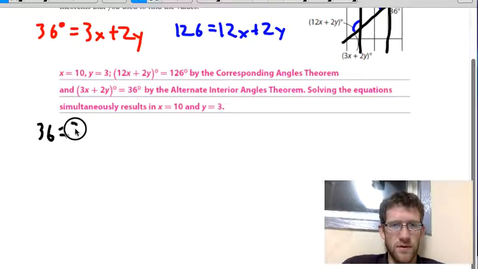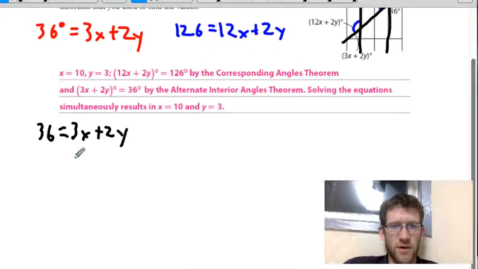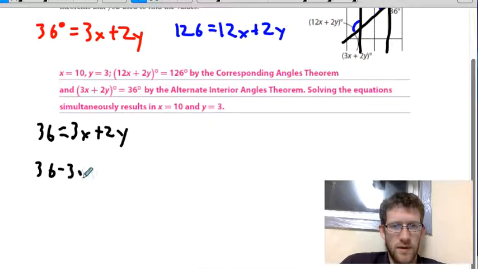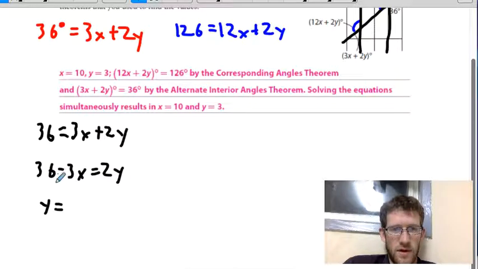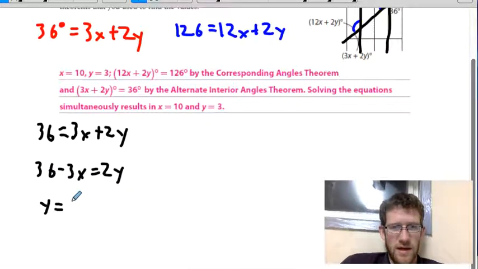Now I'm going to rearrange this so it just solves for y. And so I'm going to subtract 3x from both sides, gives me 36 minus 3x equals 2y. Divide both sides by 2, gives me y equals, I'm going to go ahead and distribute this, so that would be 18 minus 3 over 2x.